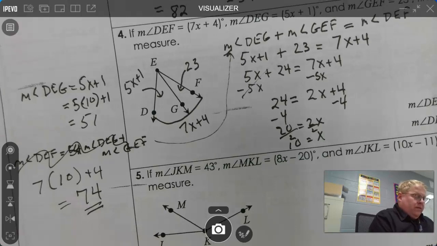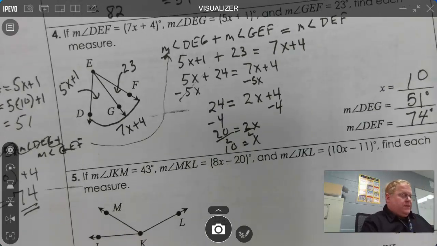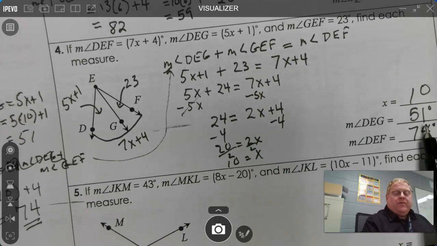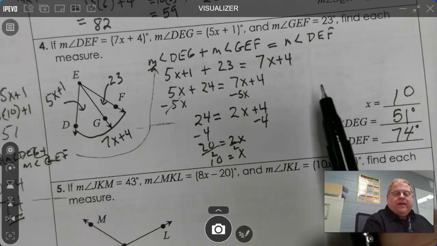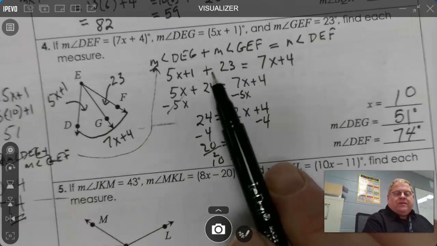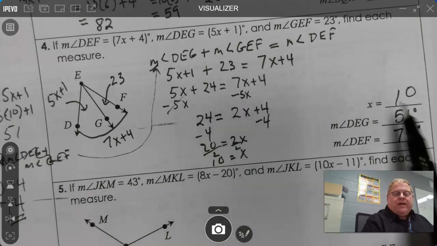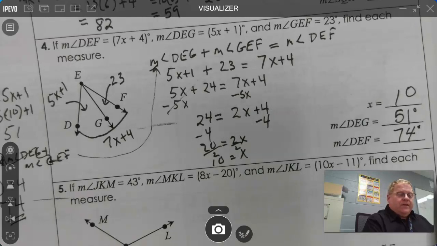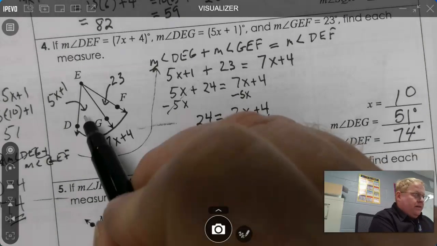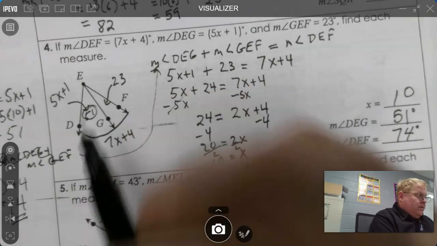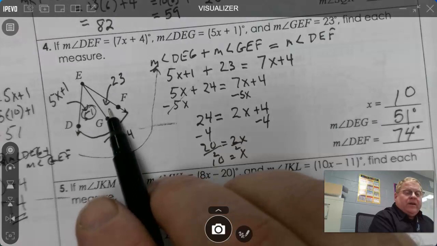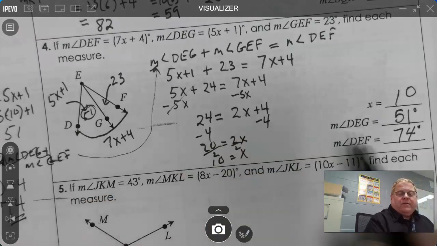74 degrees. If you notice, if I take the 51 degrees that I got from the previous thing and add the other piece, which was 23, I could have gotten 74 that way too. So 51 and 23 is 74, which is what I got.